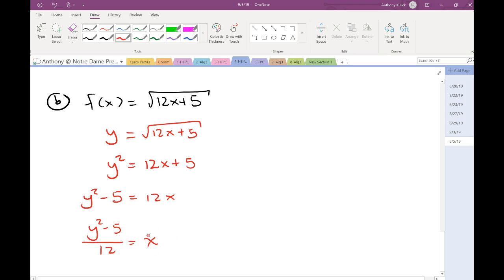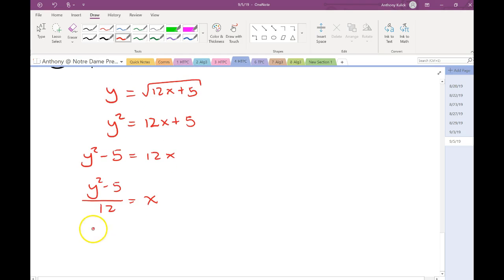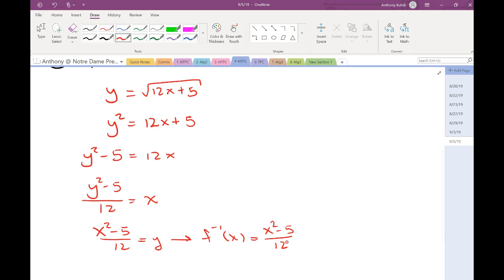Now that the x is by itself, I can swap my x's and y's and say that f inverse of x equals x squared minus 5 over 12. Everybody okay with that idea?